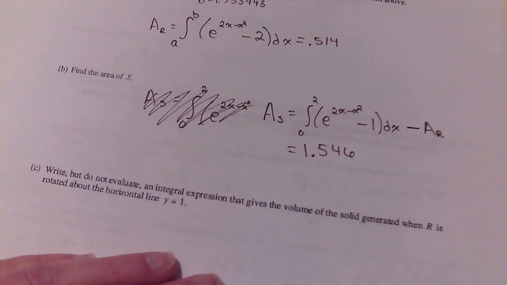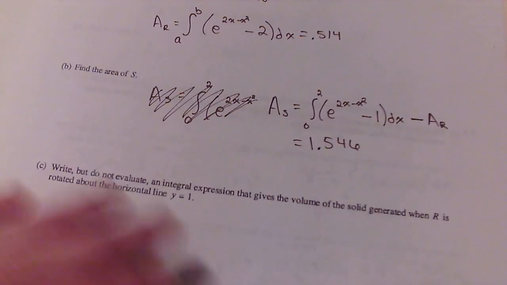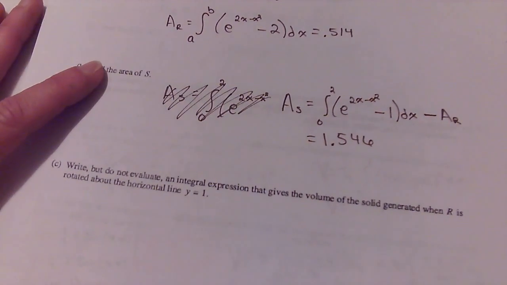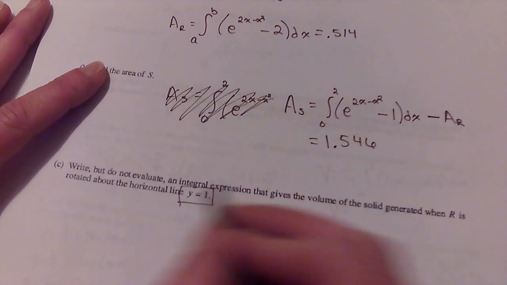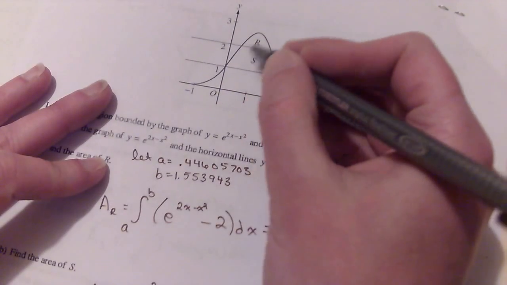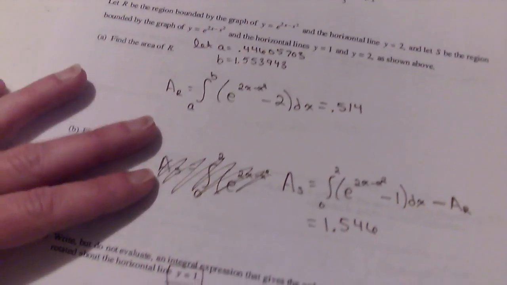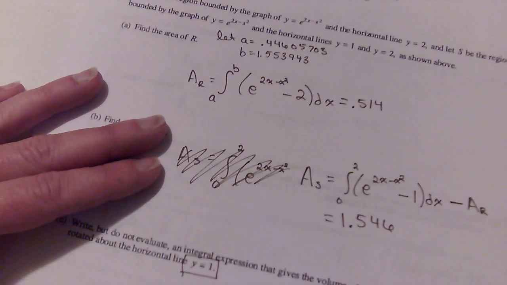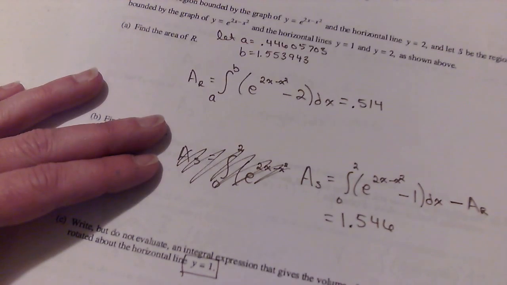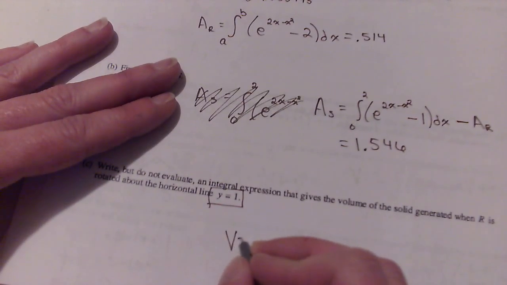Write but do not evaluate an integral expression that gives the volume of the solid when R is rotated around y equals 1. So we're going to have a hole in there. We're going to have a washer. So I need to do the outer radius minus the inner radius. So, okay, let's do it.